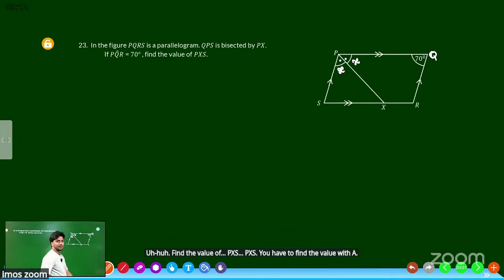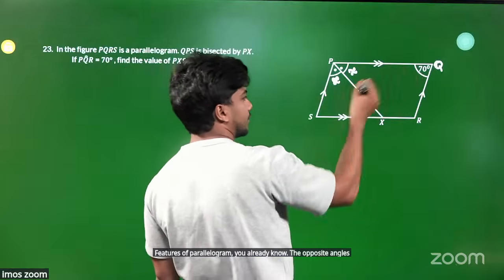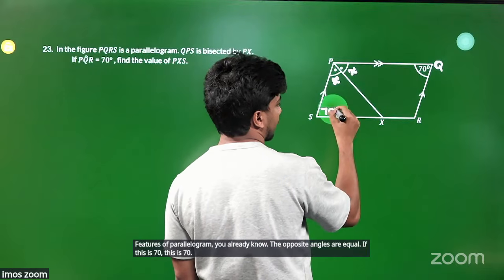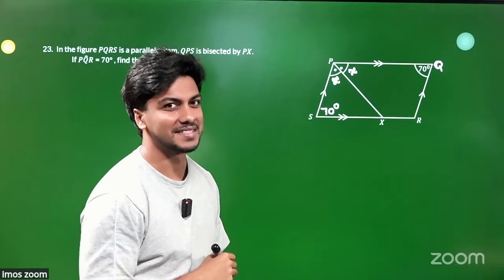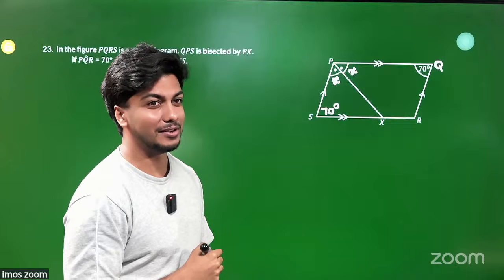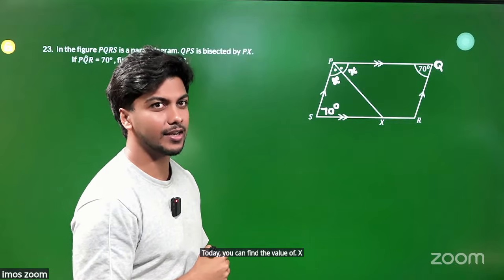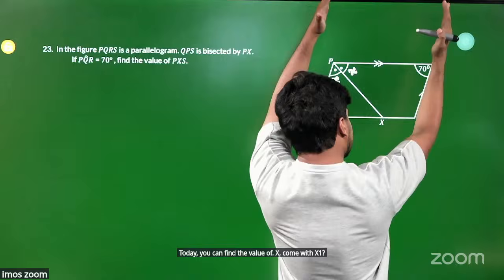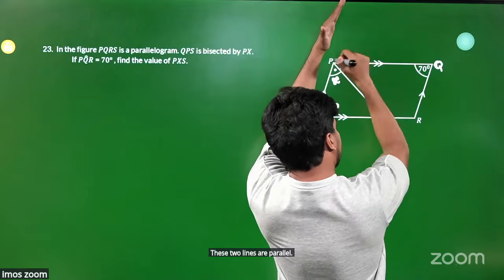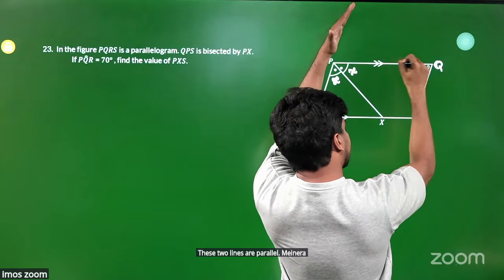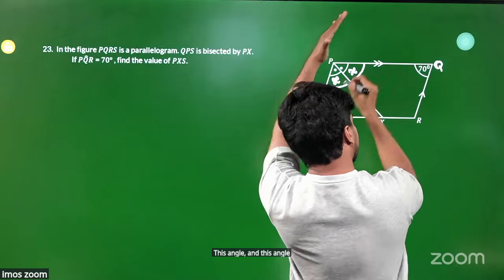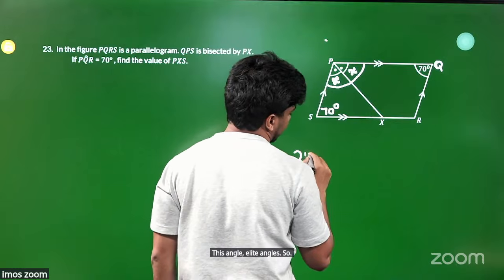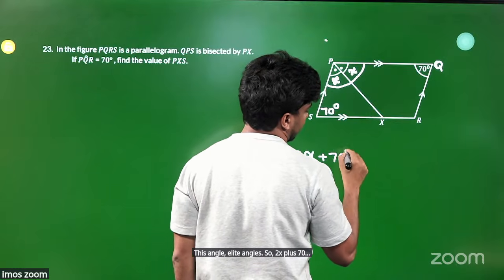Features of a parallelogram: you already know the opposite angles are equal. If this is 70, this is 70. Then you can find the value of X. These two lines are parallel, and this is a transversal, so this angle and this angle are allied angles. So 2x plus 70 should be equal to 180.